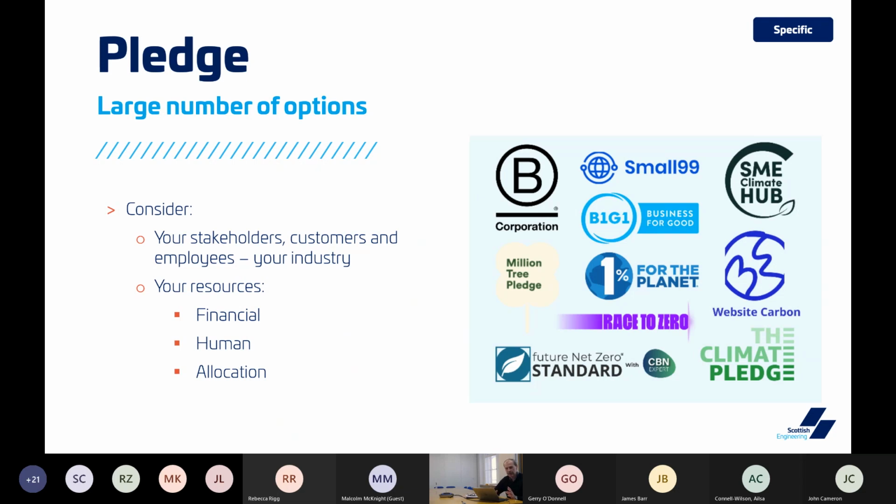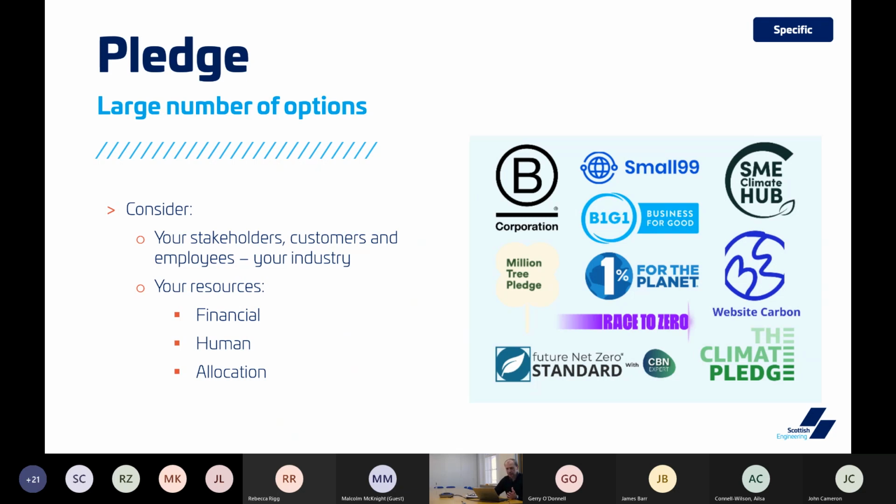What pledge makes sense in your industry? Not all of them are relevant. And then you need to look at your resources. How are you going to get there? How are you going to finance or support this? It doesn't have to be finances, but what are your resources from a financial point of view, from a human point of view, and how are you going to allocate those resources? That's how you can make it specific.